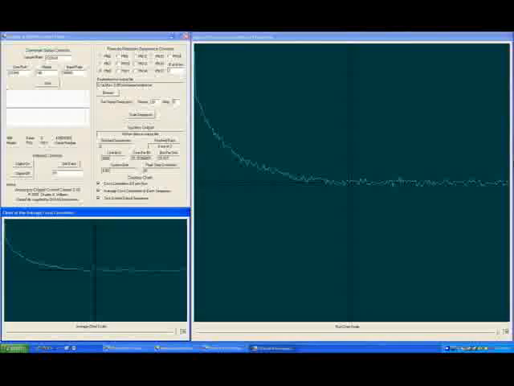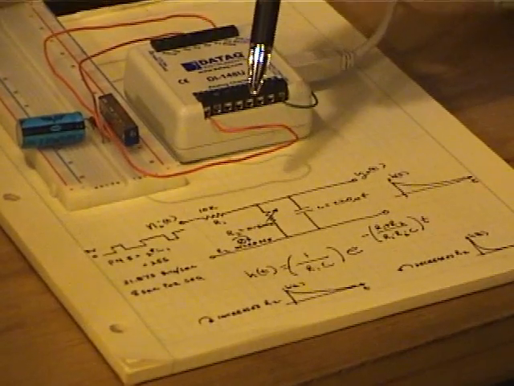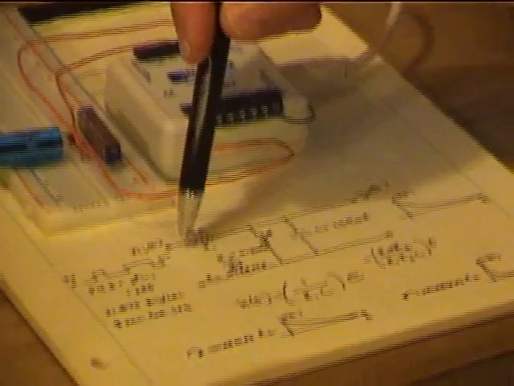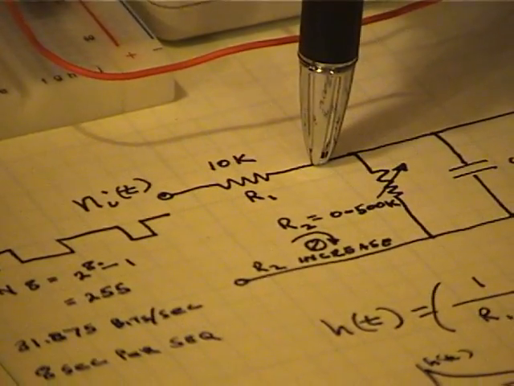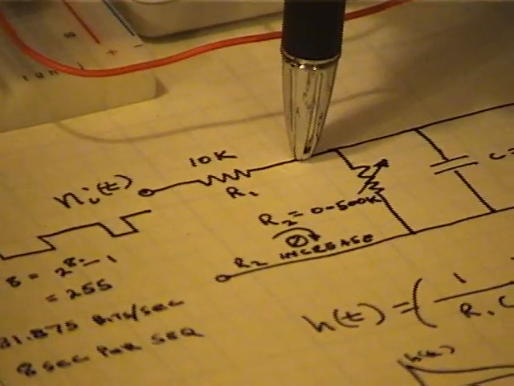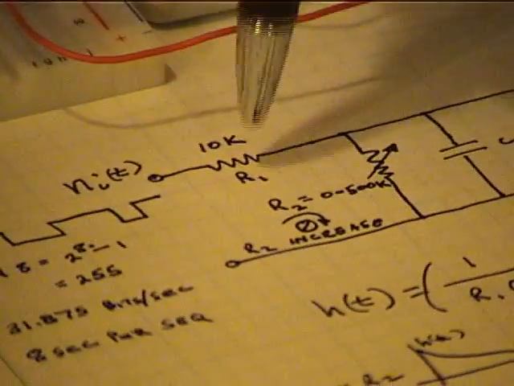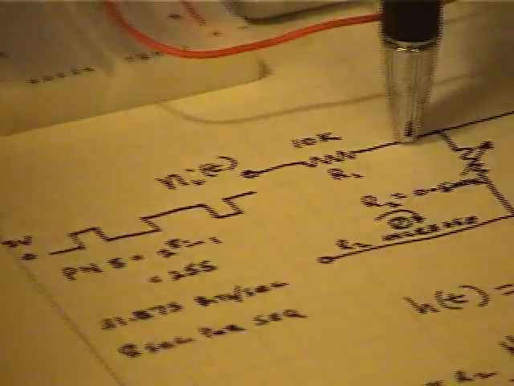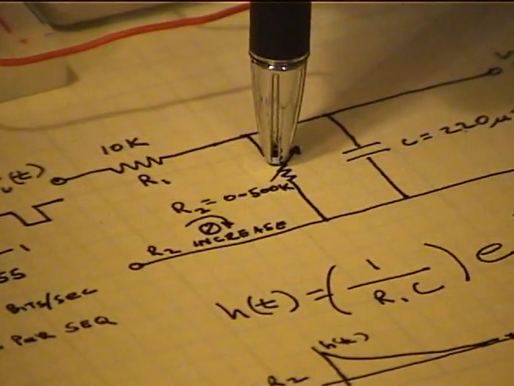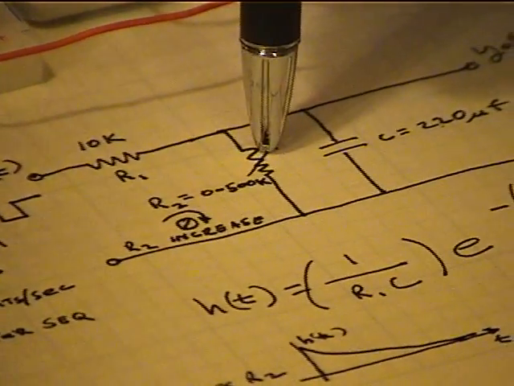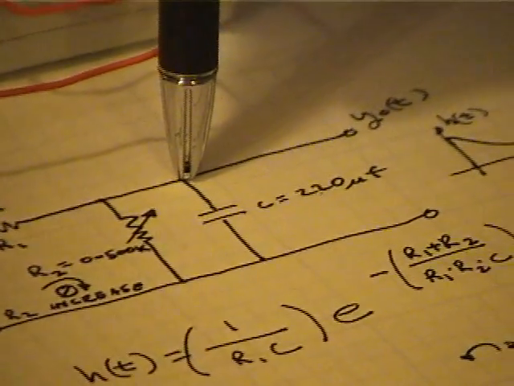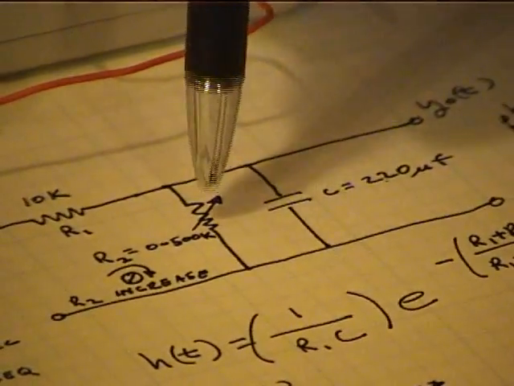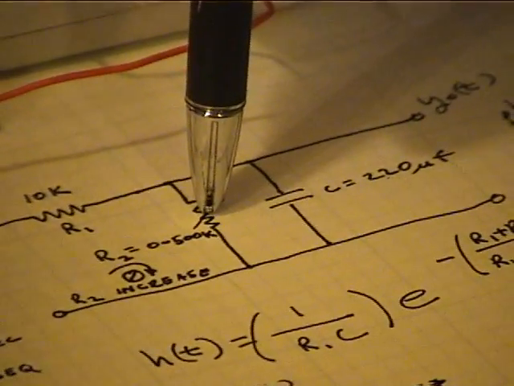Okay, the circuit we're using here is just a classic RC circuit with a damped exponential response. There's a 10K resistor here in the input leg and a 0 to 500K trim pot in parallel with a 220 microfarad capacitor that we can vary and change the time constant.